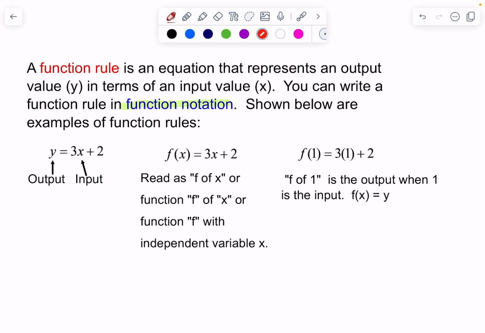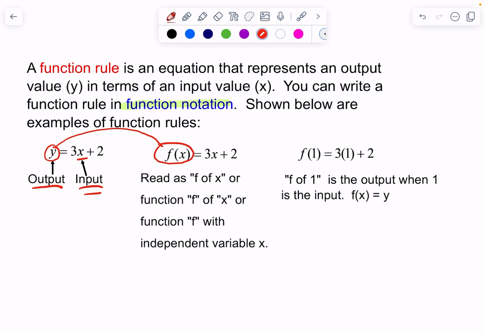First of all, let's please remember that y is the output, and that y can simply be rewritten as f of x. f of x is just a fancy way of writing y. x is always the input though. x is always the input. So y equals 3x plus 2. That's the equation.